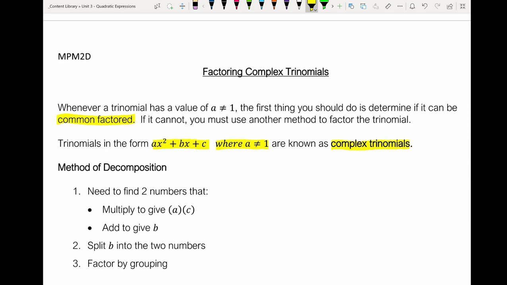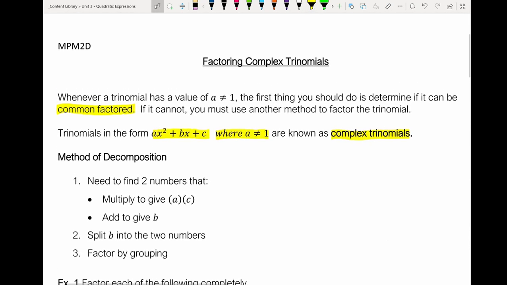How we factor a complex trinomial is similar to how we factor regular or simple trinomials, but there's one extra step, or actually a couple extra steps. The method we use to factor these complex trinomials is called decomposition.